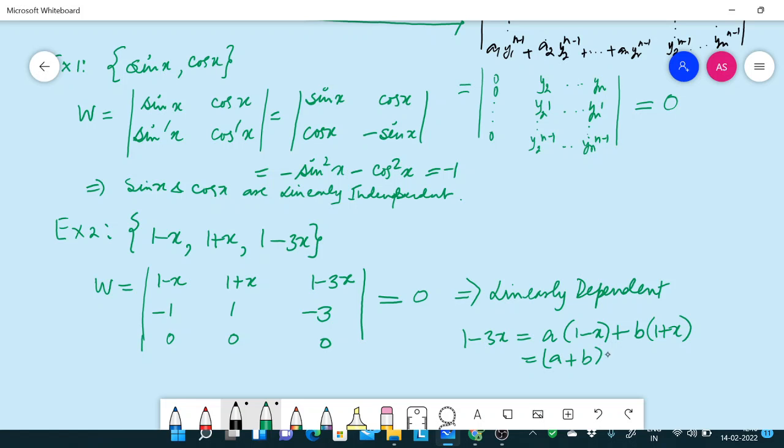We have a plus b, and solving gives us a equal to 2 and b equal to minus 1.